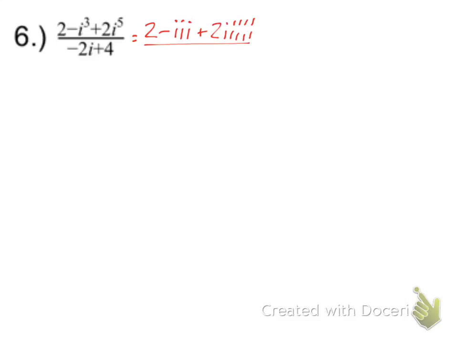But, guys, the bottom does need to be changed. It doesn't change its value, but it's going to change the way it looks. You need to put it into standard form. Because if you don't, this problem will not work if you leave it as negative 2i minus 4. It has to be a positive 2i plus 4. And so you may want to change this to put it in standard form.